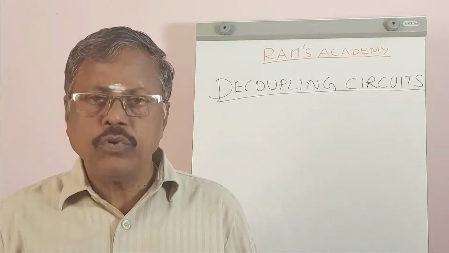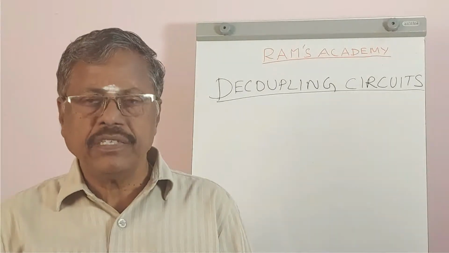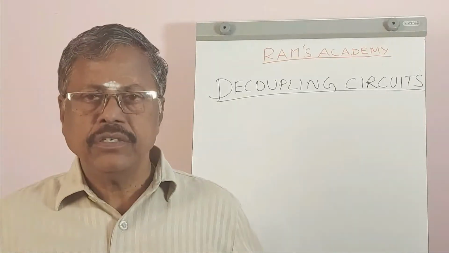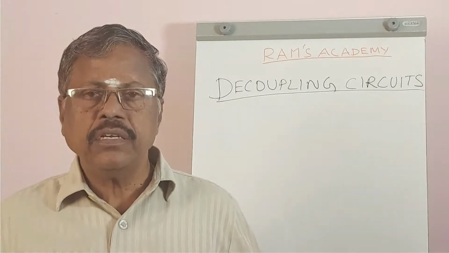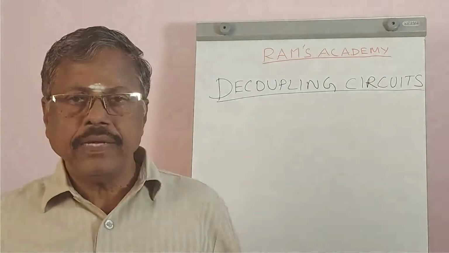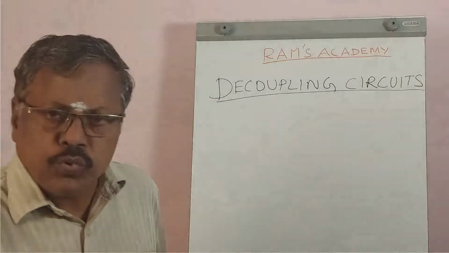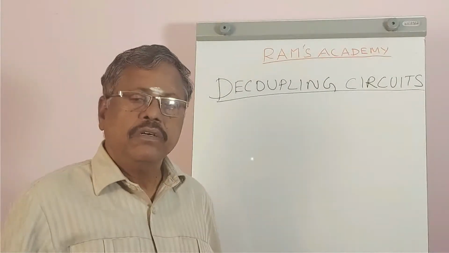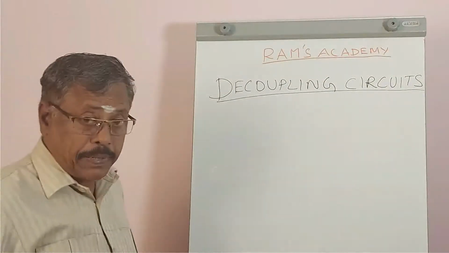When you join two circuits, you can call it coupling. When you detach two circuits, it is called decoupling. Here we are going to use the word decoupling in circuits.